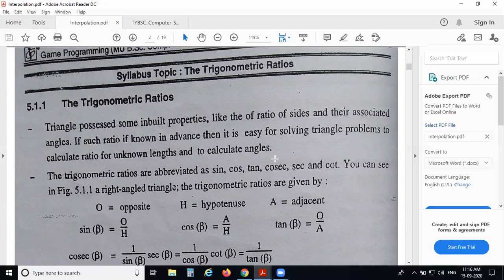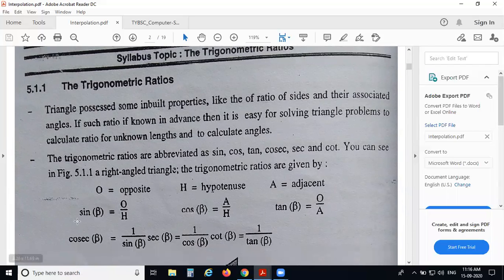The trigonometric ratios are abbreviated as sine, cos, tan, cot, sec, and cosec. The trigonometric ratios are related to the sides of the triangle, where O means opposite, H means hypotenuse, and A means adjacent.